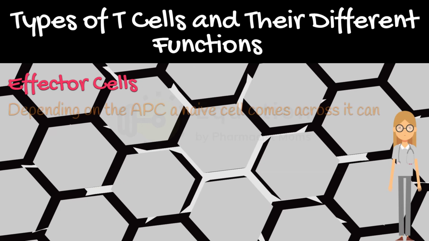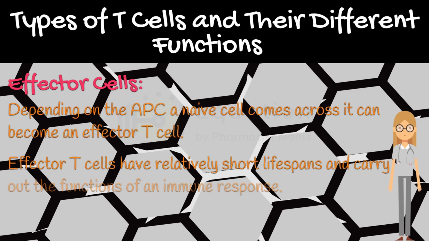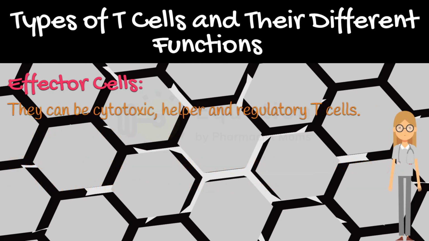What are effector cells? Depending on the APC a naive cell comes across, it can become an effector T cell. Effector T cells have relatively short lifespans and carry out the functions of an immune response. They can be cytotoxic, helper, and regulatory T cells.